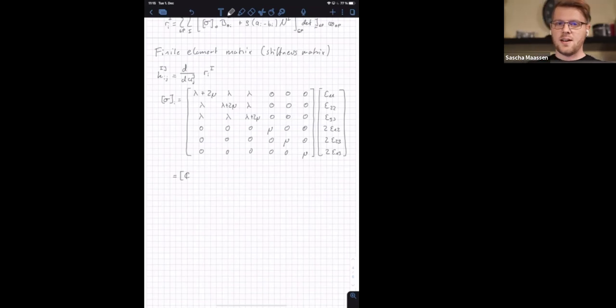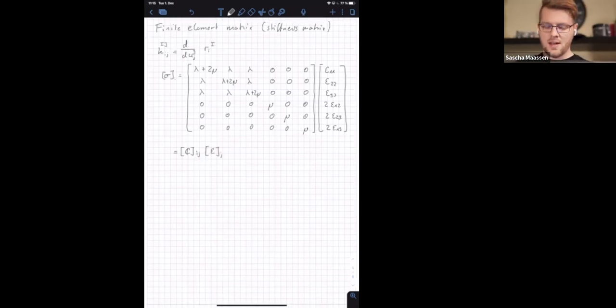Okay, so finalizing this equation, we obtain here our sigma in Voigt notation vector to be computed from this constitutive matrix. So it's a simple matrix. Most of it is zero, except for those entries here where you have to insert the Lamé constants once you computed them.